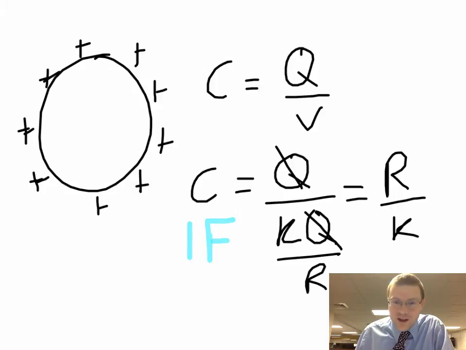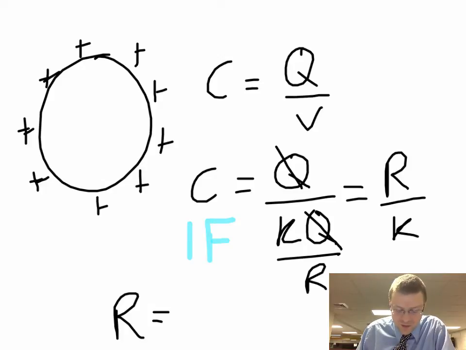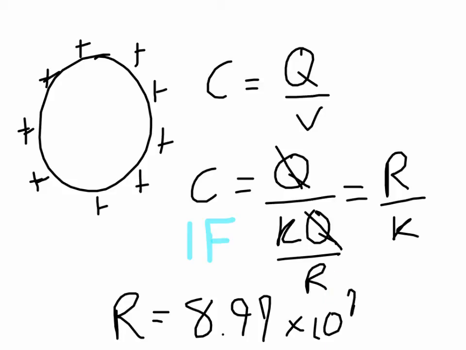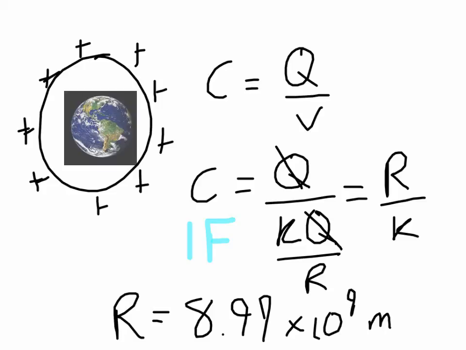That means the radius of the sphere that I would need to build a 1 farad capacitor, solve that out, and the radius would be 8.99 times 10 to the 9th meters. So I would have to have a sphere that has a radius that is 9 billion meters wide. That's wider than the entire Earth.